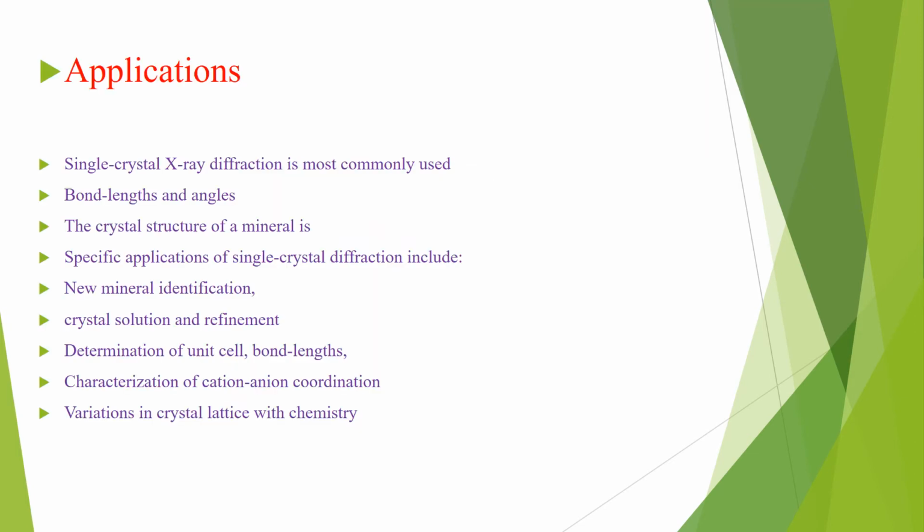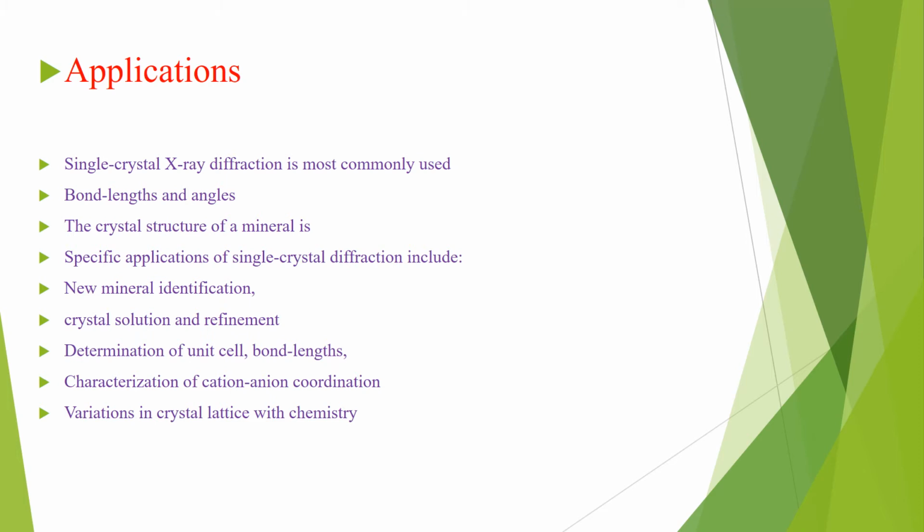When we move on towards the application of single crystal X-ray diffraction, this kind of diffraction is most commonly used for precise determination of a unit cell. It includes cell dimension and position of atom within the lattice.